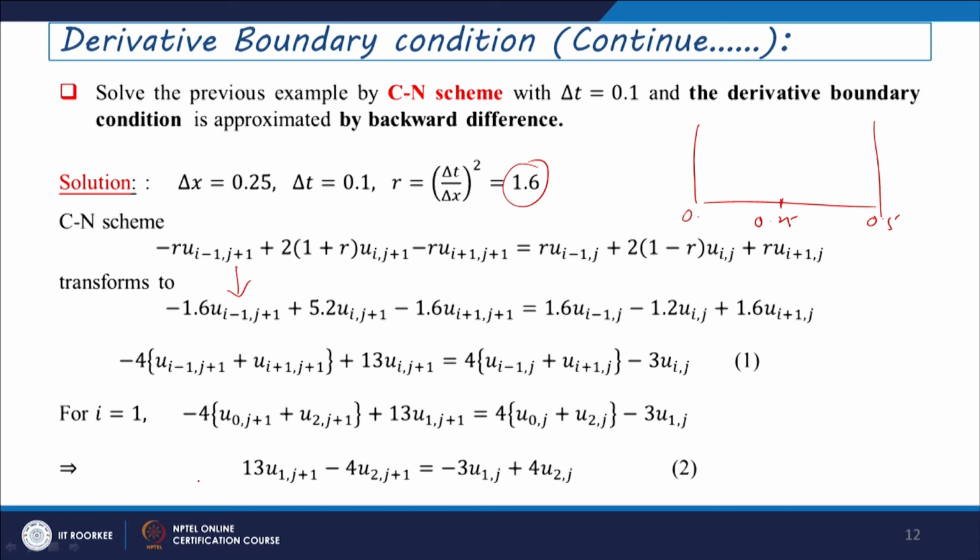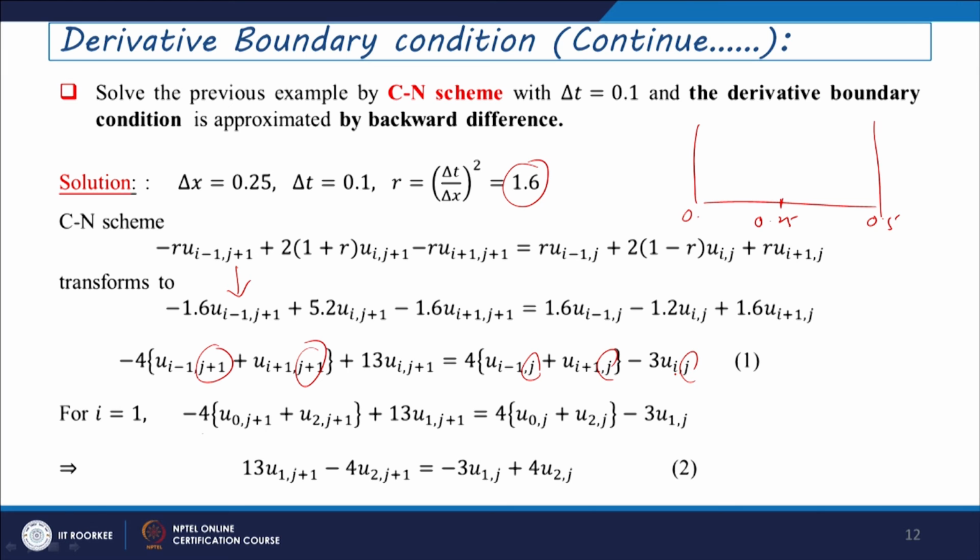And if we separate the unknown terms on the left hand side and the known terms on the right hand side, we can write this equation as minus 4 u(i-1,j+1) + 13 u(i,j+1) minus 4 u(i+1,j+1) equals 4 (u(i-1,j) + u(i+1,j)) minus 3 u(i,j). Here, j+1 is the unknown level and the jth is the known level.